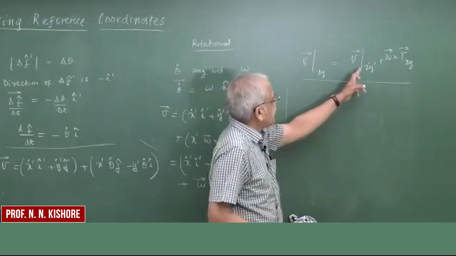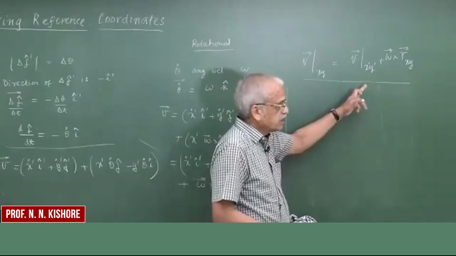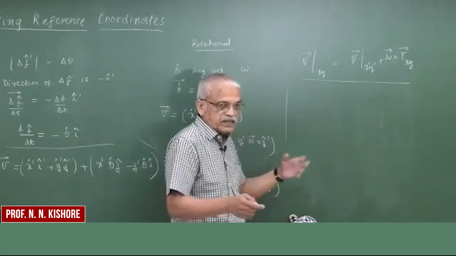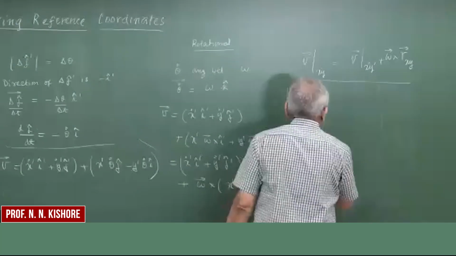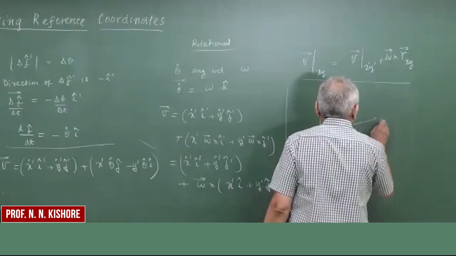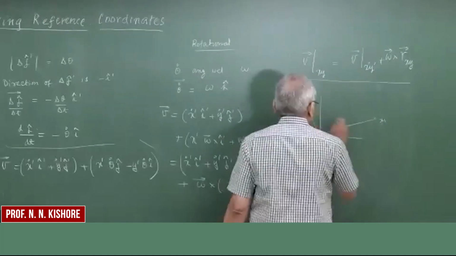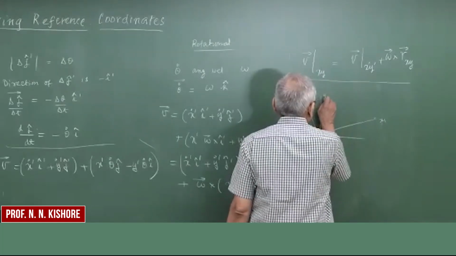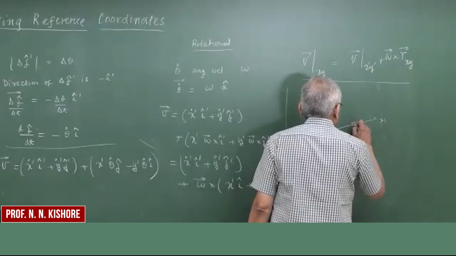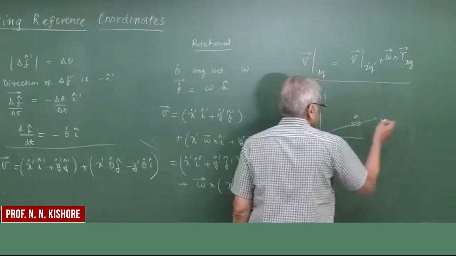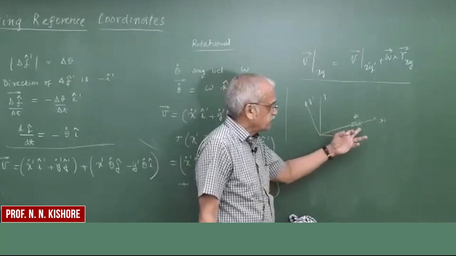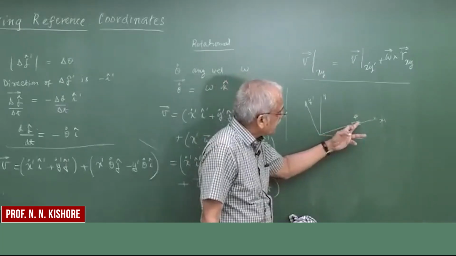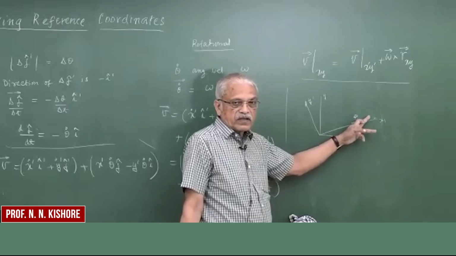So for example, if there is an ant moving, say a particle P, imagine that particle P is moving along X prime and there's an observer. He only sees that the ant is moving along the X prime direction.